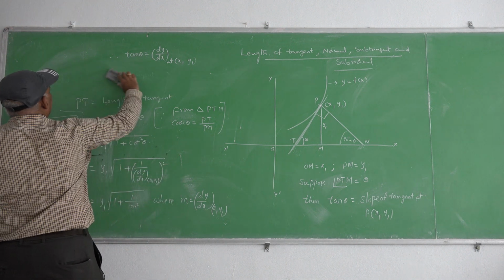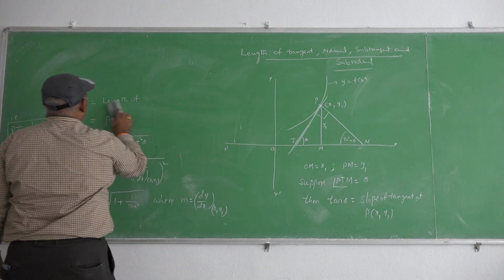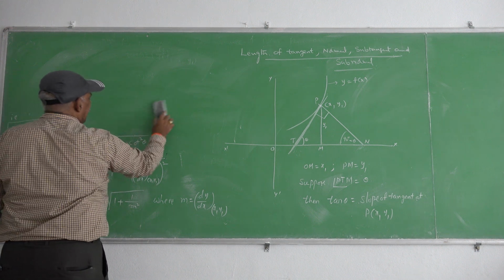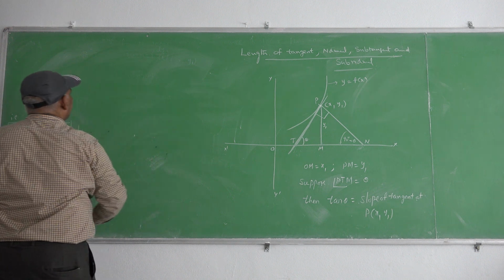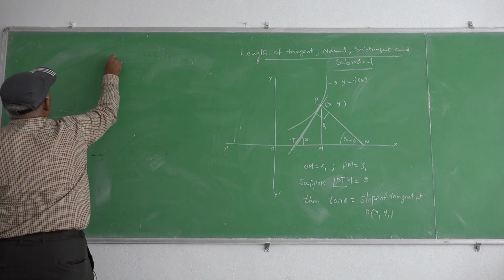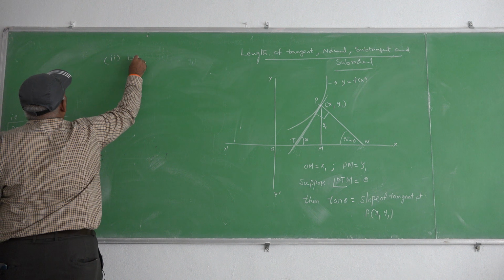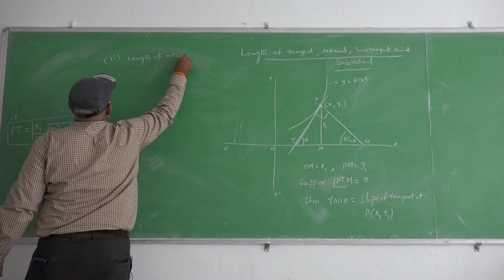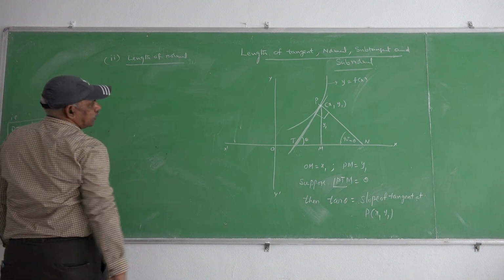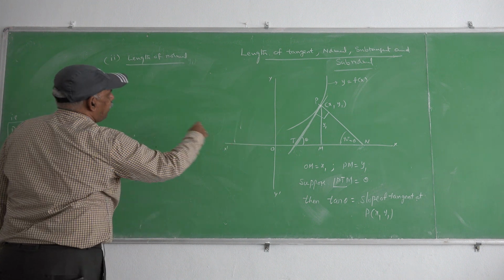So, based on that, you can find the length of the normal also. Second one, length of normal. The length of the normal is given by PN.